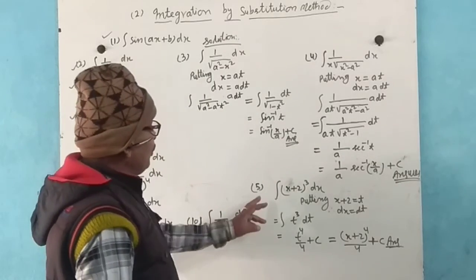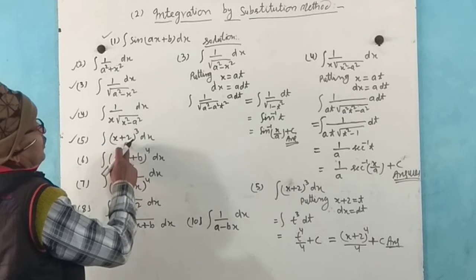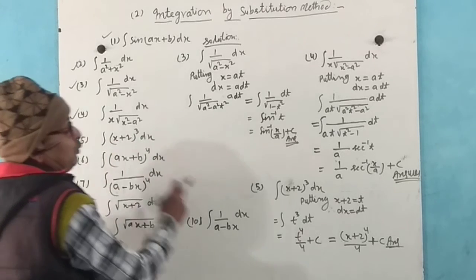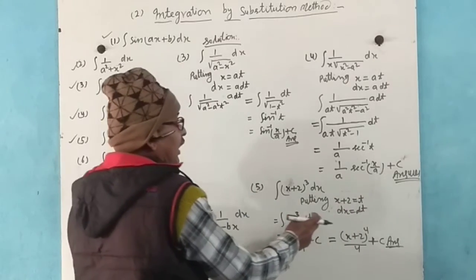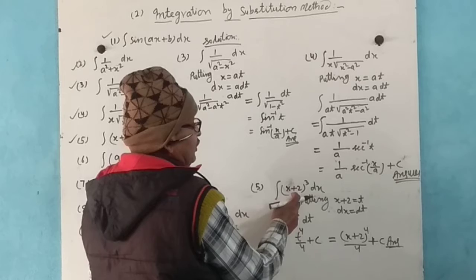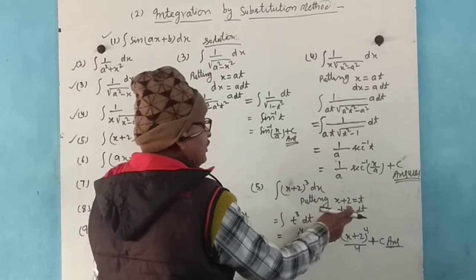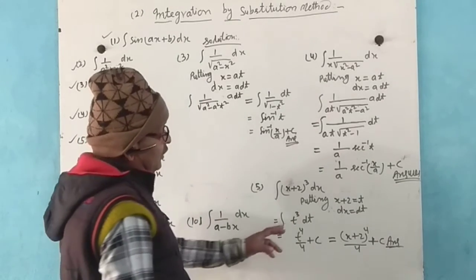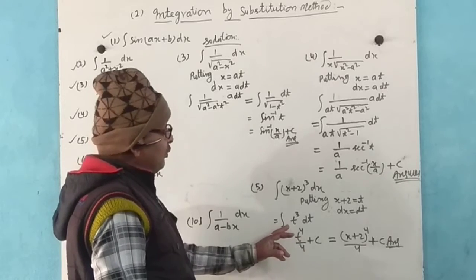Now question number 5, integration of x plus 2 to the power 3 dx. Putting x plus 2 equal to t, dx is equal to dt, and x plus 2 to the power 3 becomes t to the power 3, and we know that integration of x to the power n dx is equal to x to the power n plus 1 divided by n plus 1.